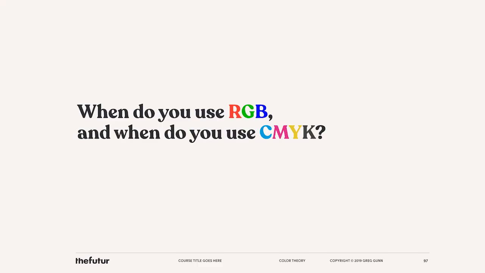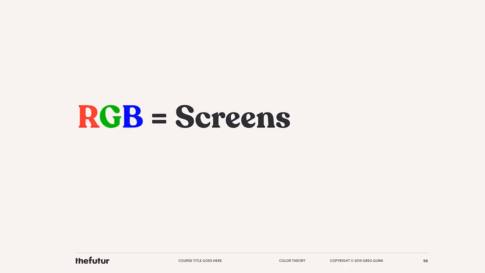But I digress. So, when do you use RGB and when do you use CMYK? I'm glad you asked. In general, if you intend your design or artwork to be viewed on a screen like the internet, in an app, in a video, or on TV, then take the RGB road. Because all of those mediums are light-based and you will have a full range of bright and vibrant colors to work with.